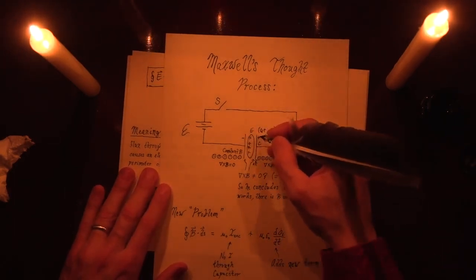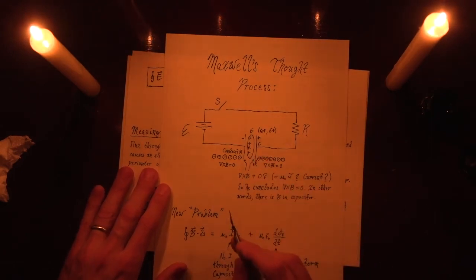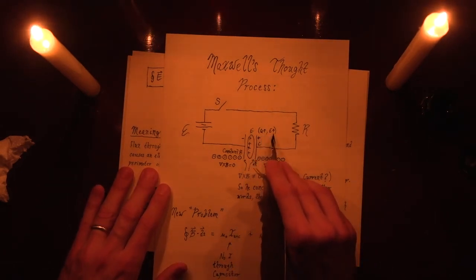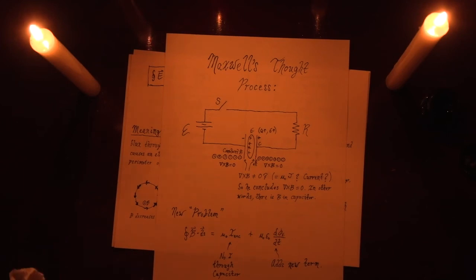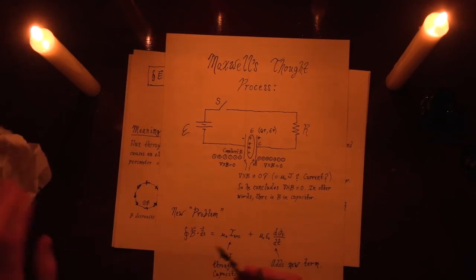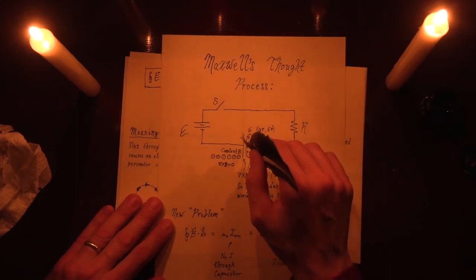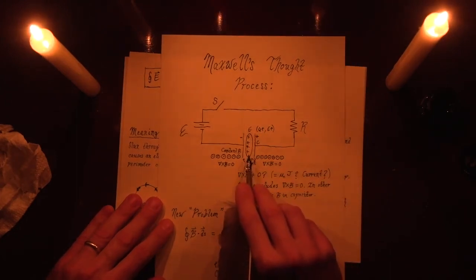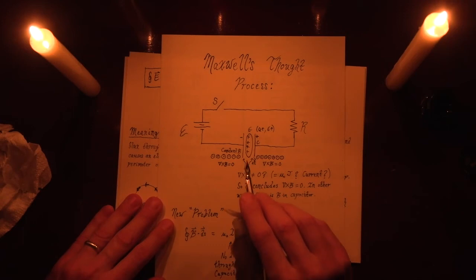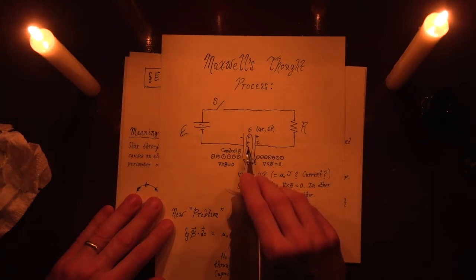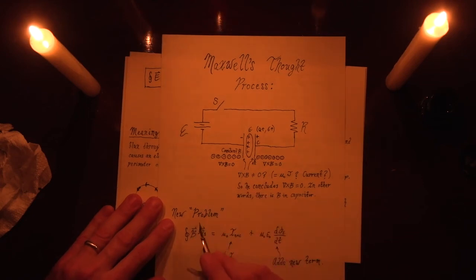And what's happening is we went from 0 electric field to suddenly an electric field that's increasing as the charge is increasing. So Maxwell said, there's an electric field that's changing in that Amperian loop. It's not current that's causing that B, it's a changing electric flux.